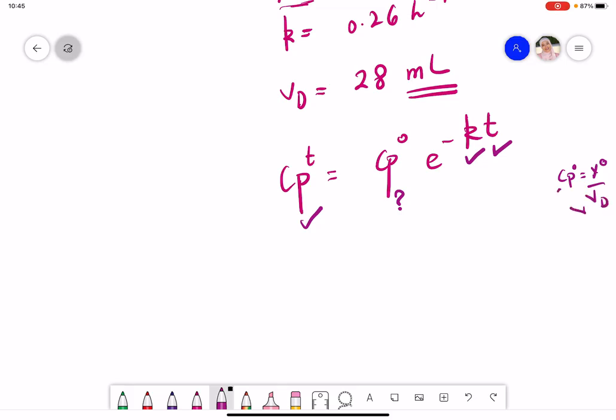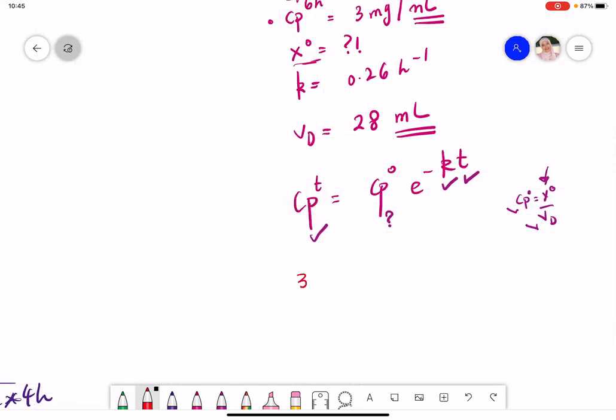By knowing that, you will be able to determine this, okay? So let's go. CB at certain time equals 3 milligram per milliliter, which is equal to CB naught e to the minus 0.26 multiplied by 6 hours, because it's shown.